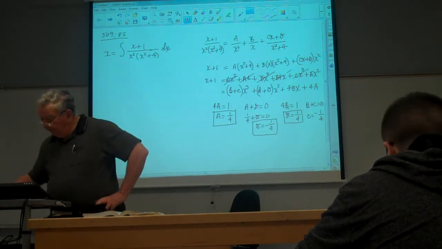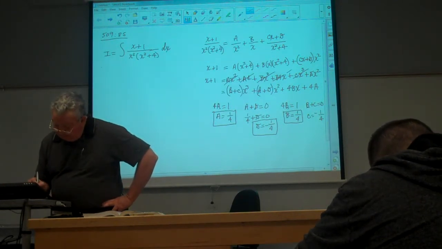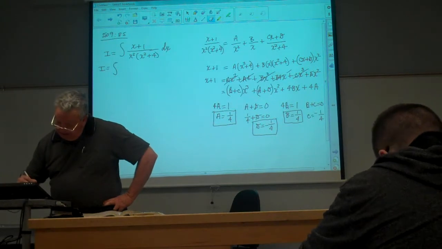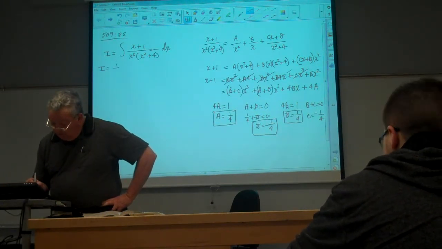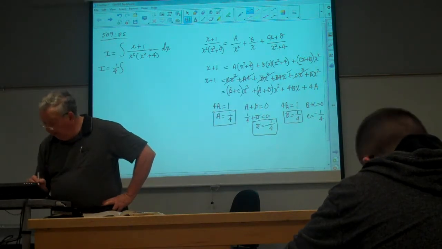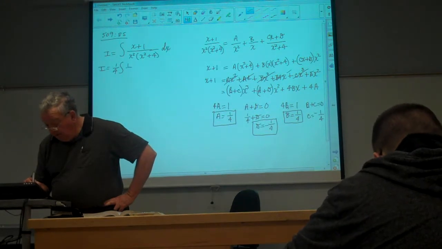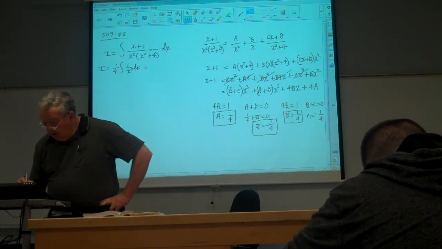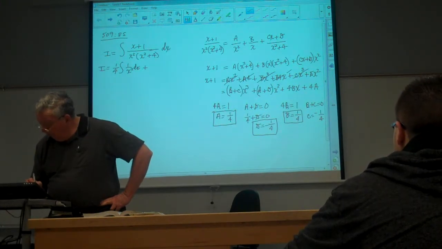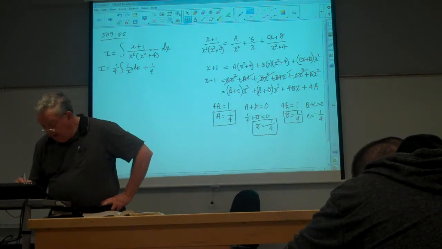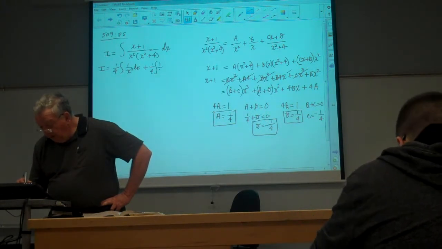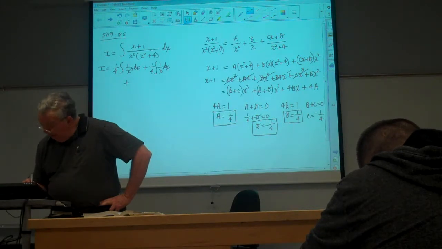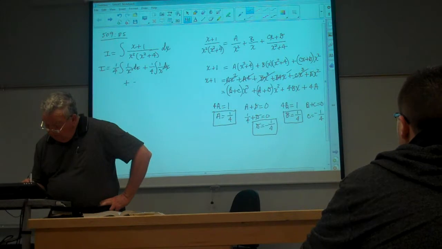Now, that means then that I is equal to the integral of 1/4 times the integral of 1 over x squared dx plus B, which is 1/4 times the integral of 1 over x dx plus then cx, so this is 1/4.